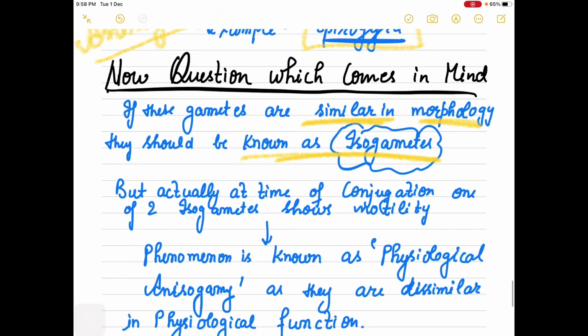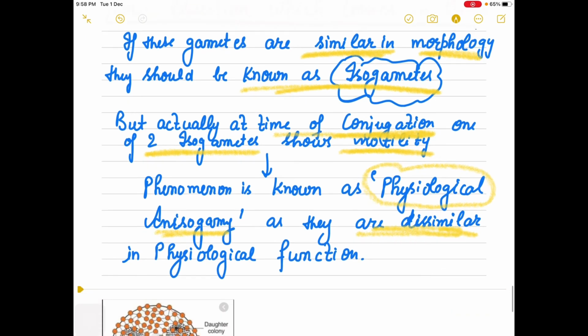But actually what happens is that at the time of conjugation, meaning at the time of reproduction, one of two isogametes shows motility. That motility is a physiological behavior, right? So that phenomenon is known as physiological anisogamy, as they are dissimilar in their physiological function.